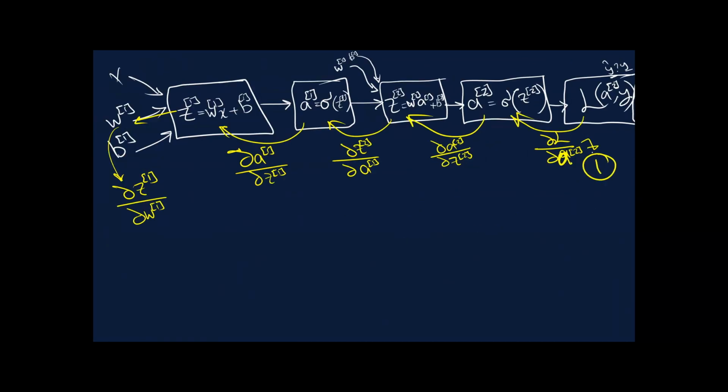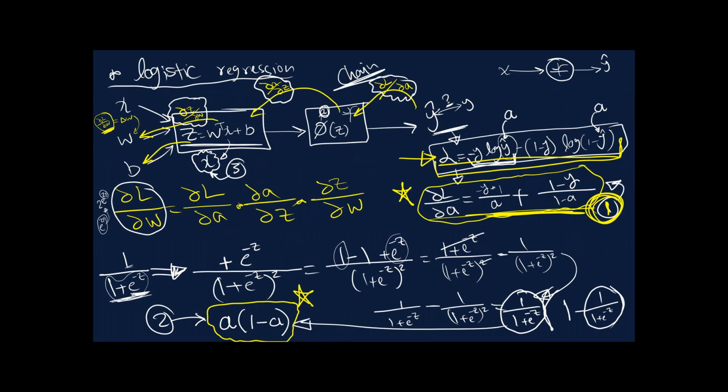So right now you can really see how deriving this for logistic regression is making things very easy. So the derivative of A2 with respect to Z2 is also the derivative of A with respect to Z. The only difference is that we put A2 and Z2 instead of A and Z, but the derivative itself is the same. It wouldn't really make any difference.